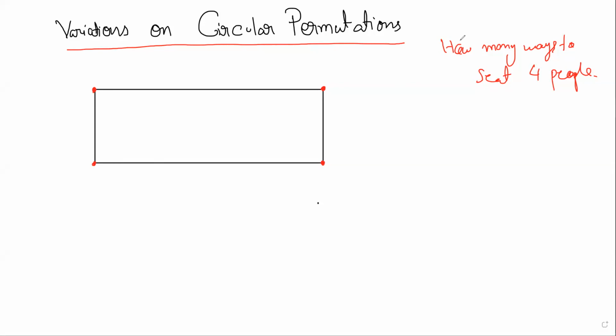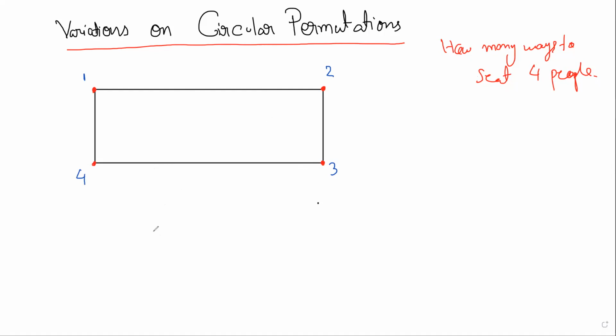But this is a rectangle. So let's just take a situation and see. Let's say you place the 4 people like this. If it was a square, you would have placed the 4 people like this also.